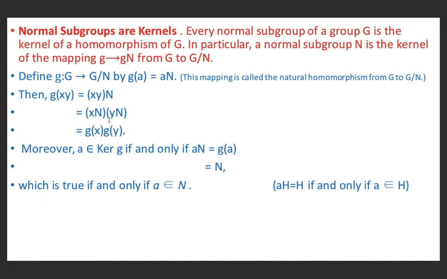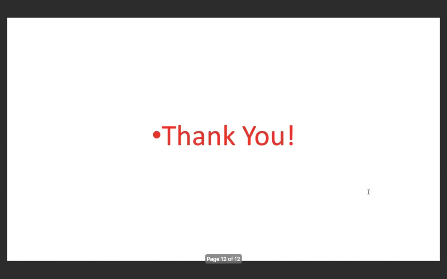And xN is nothing but g of x by this definition, and yN is nothing but g of y. So g of xy is equal to g of x times g of y. Moreover, a belongs to the kernel of g if and only if aN is equal to N, that is, g of a is the identity, and this is true if and only if a belongs to N, because we know that aH is equal to H if and only if a belongs to H, by properties of elements under homomorphism. Thank you.